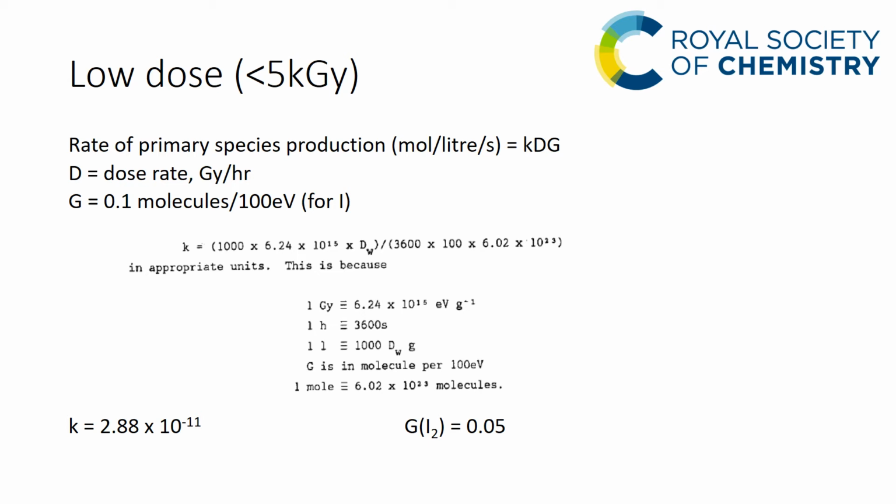And if the dose rate's in grays per hour and the G value is in molecules per 100 eV, we need a conversion factor K, which takes into account all these factors. For example, converting grays to electron volts and hours to seconds and so on. And we end up with a K value of 2.88 times 10 to the minus 11.